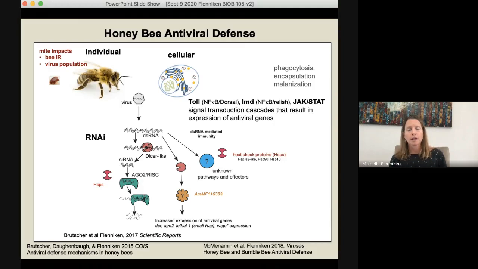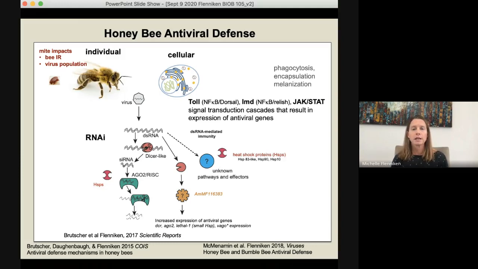So when I think about the honeybee immune system or the antiviral defense mechanism, this is what I think about at the individual level. You have a bee here. Of course, the mite impacts the virus outcome because it transmits particular strains of the viruses maybe. At the cellular level, we have molecular mechanisms that honeybees, just like you and I, have evolved to defend themselves against viral infection.